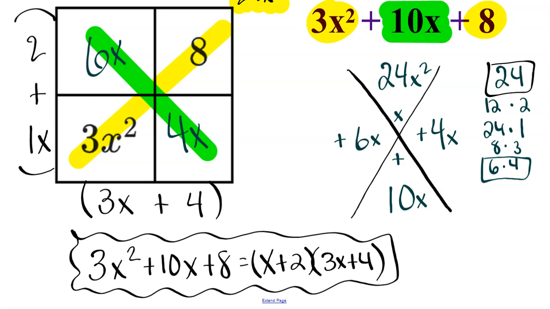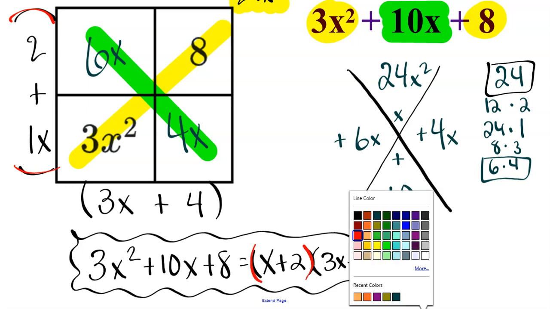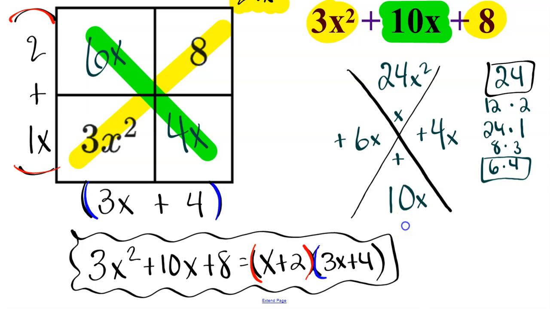We're using some things that we've used before to do something new, and that's kind of dope. Once again, we have this one here, and then we have our second factor here. And now that's factored.